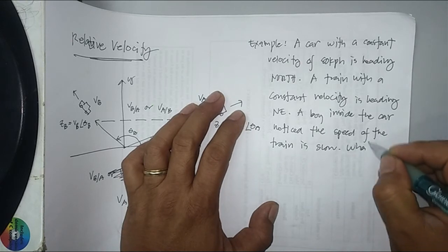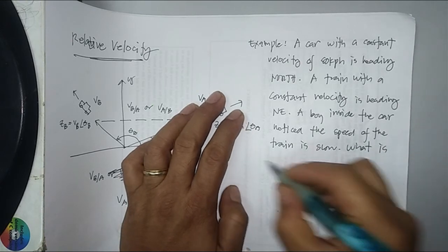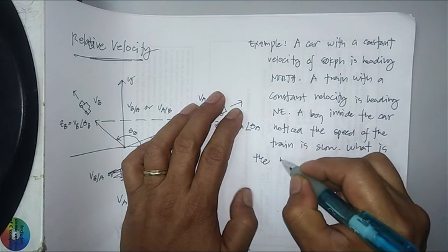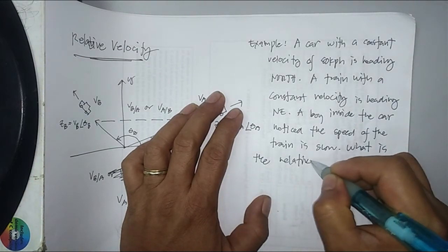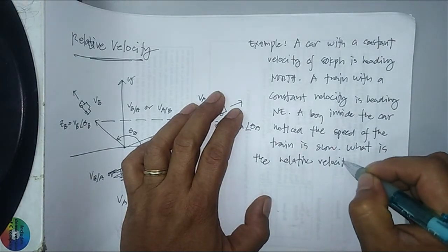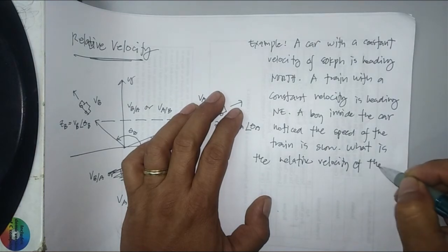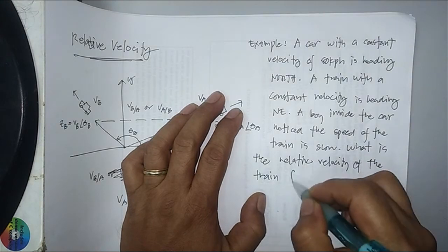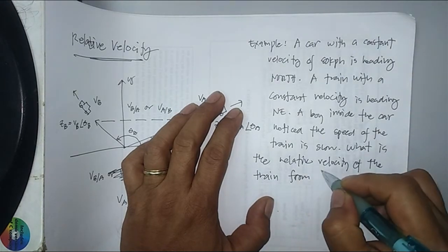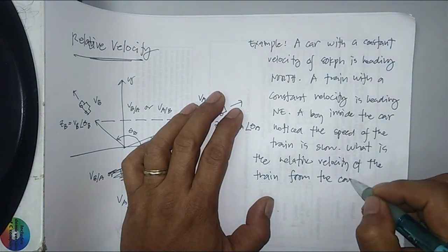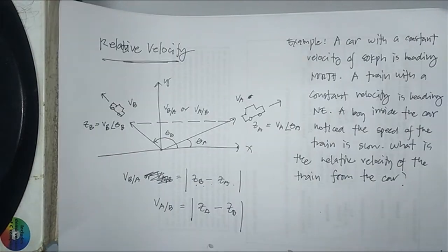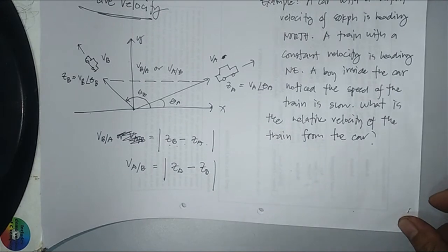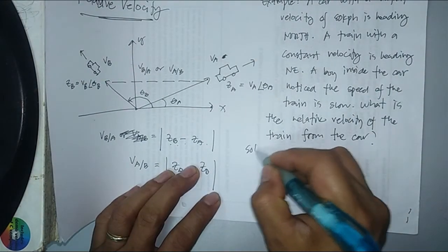Now we are going to solve what is the relative velocity of the train from the car. Okay, that's a long problem, but the solution here is not that long.